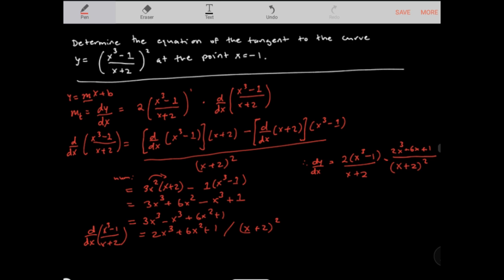If you want to collect the two terms, you can notice there's an x plus 2 here and x plus 2 squared here, so you need to make sure the denominators are the same. But because you're multiplying, you can just plug it in. So you get 2 times (x cubed minus 1) times (2x cubed plus 6x squared plus 1) over x plus 2 cubed, sorry. And this is basically your derivative.